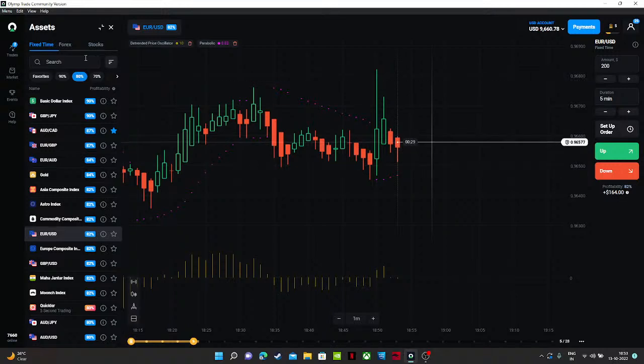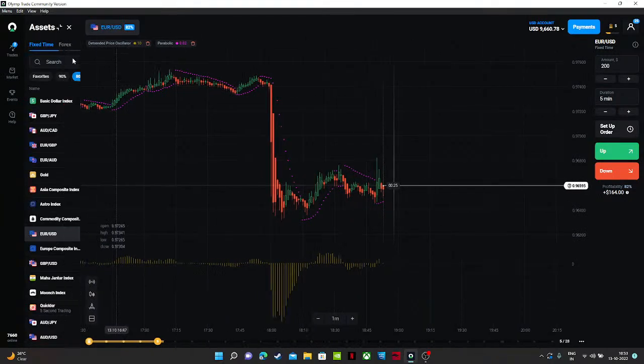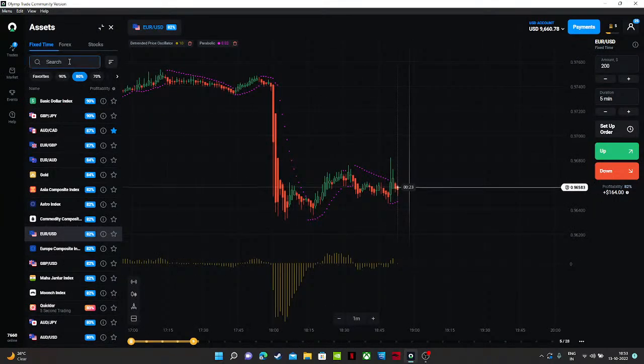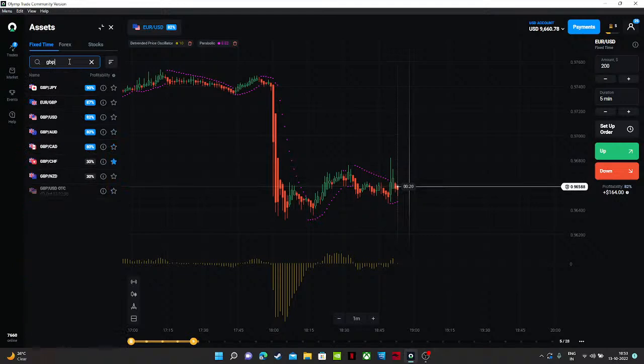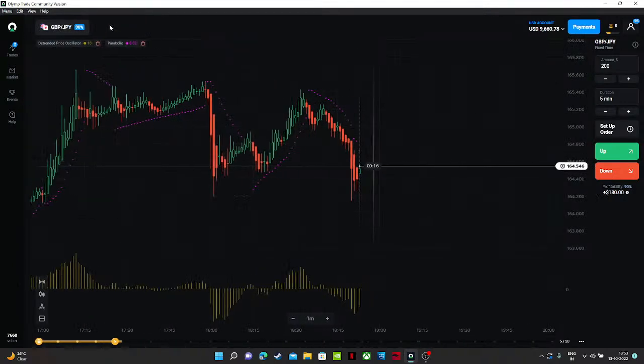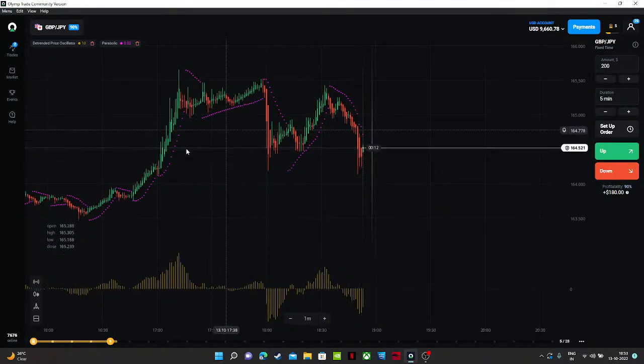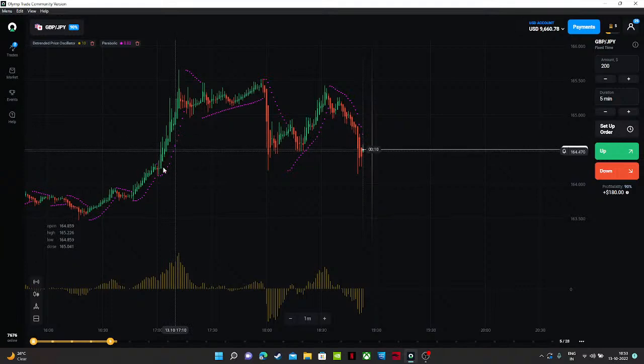GBP JPY 5 minute on the downside. Let us see. See, there is a support level here, and right now the price is sitting at the support level, so we cannot say anything.